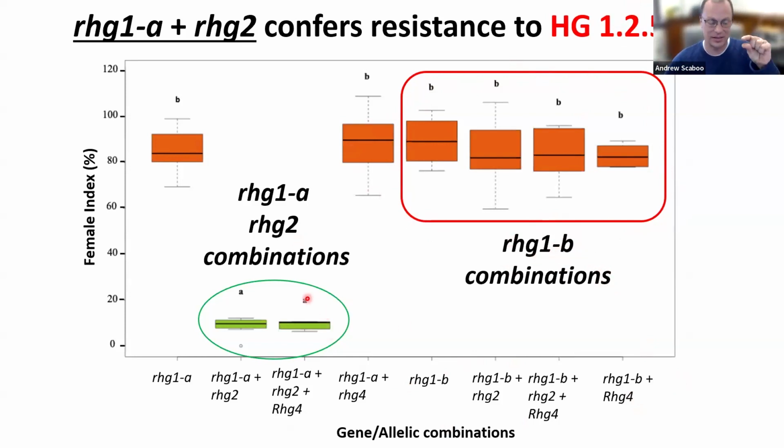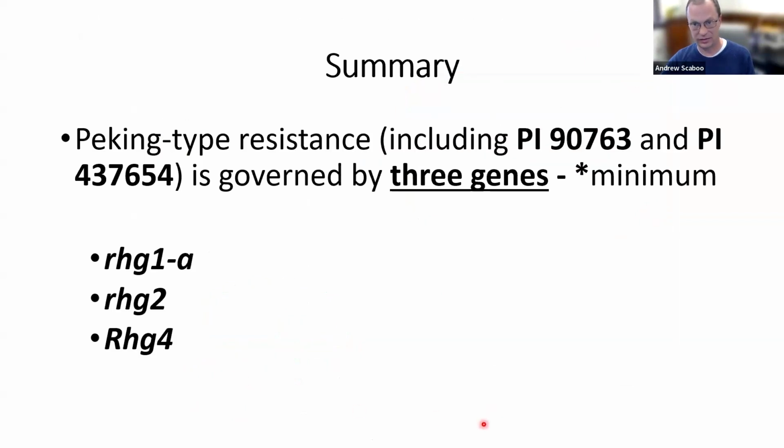It's really about this epistatic effect between RHG1A and RHG2. Importantly, in these highly virulent populations, the addition of RHG4 did not have as dramatic of an effect. It's really about RHG1A and RHG2 driving this resistance.